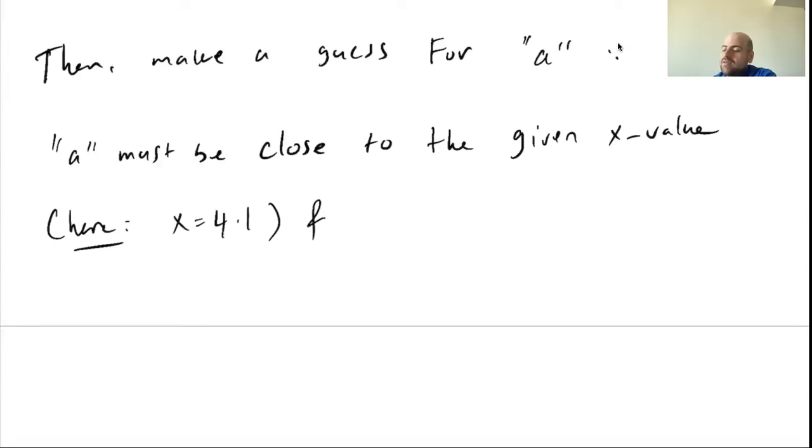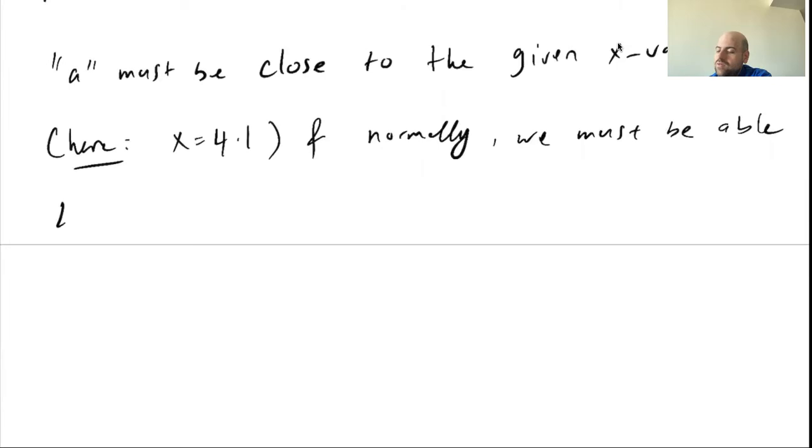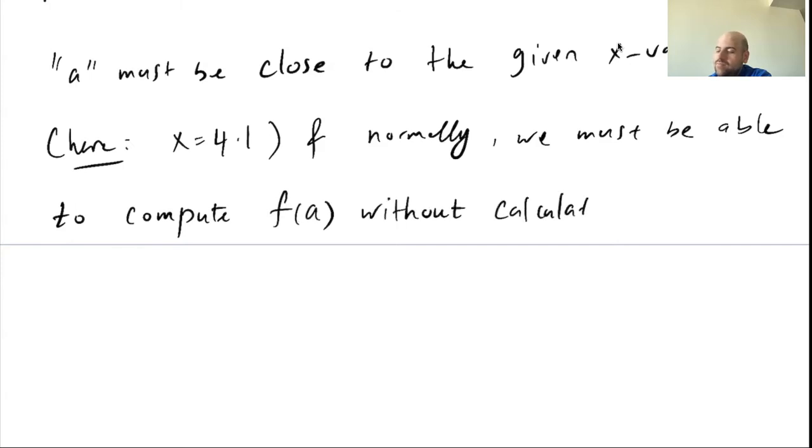And normally we must be able to compute f of a without a calculator.